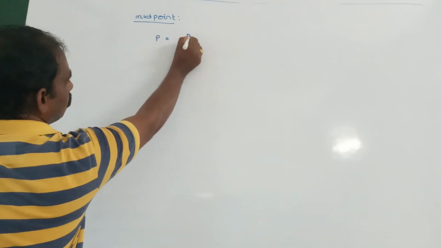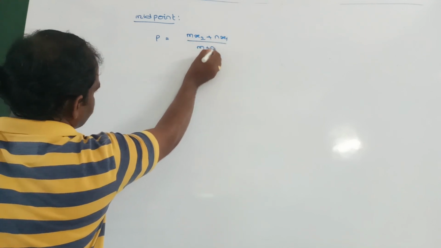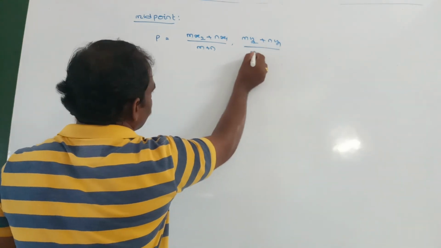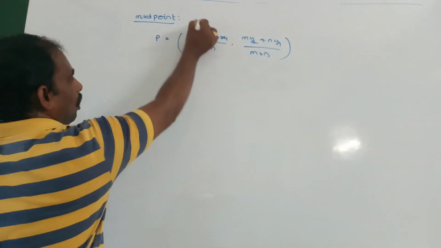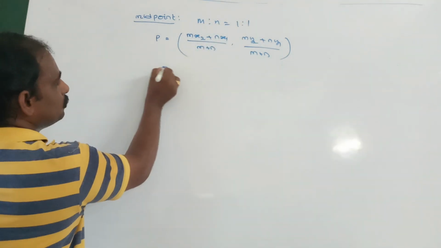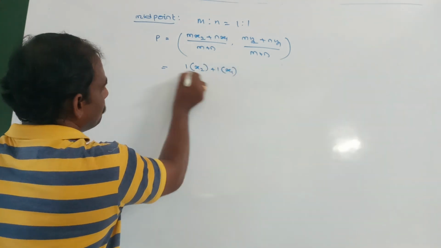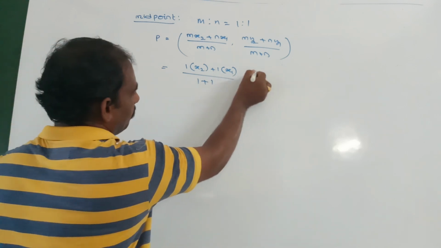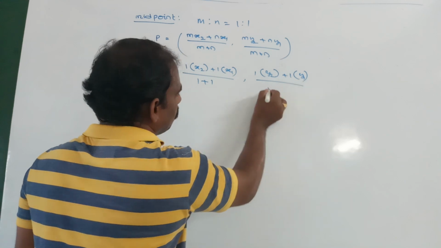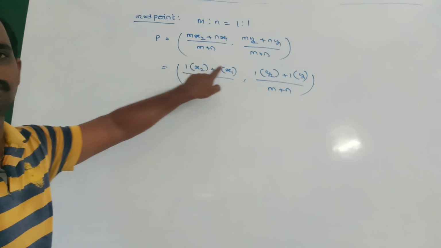P is equal to (Mx2 plus Nx1) by (M plus N), (My2 plus Ny1) by (M plus N). Already I told you M is to N, take it as 1 is to 1. Substitute M means 1, N means 1, by 1 plus 1. 1 into x2, x2, 1 into x1, x1.